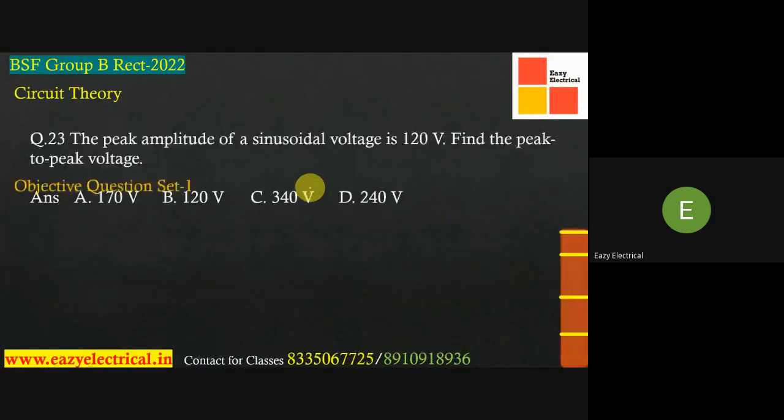Now next. The peak amplitude of the sinusoidal voltage is 120 volt. Find the peak to peak voltage. What is meant by peak to peak voltage?